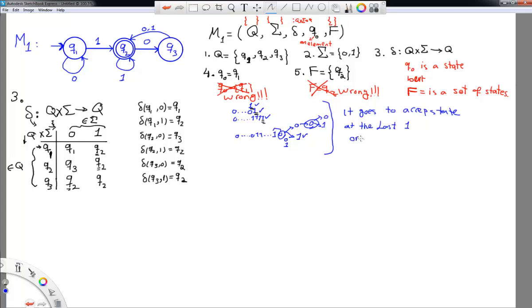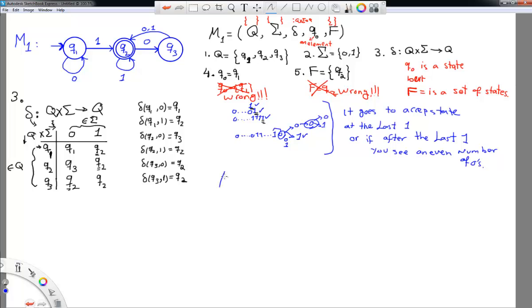Or if after the last 1 you see an even number of zeros.